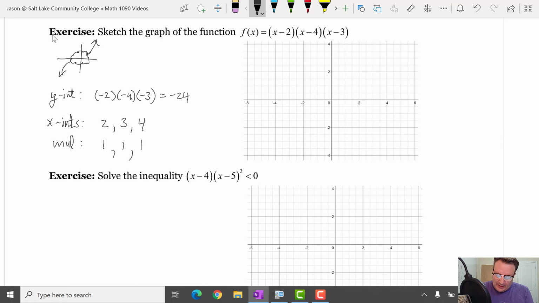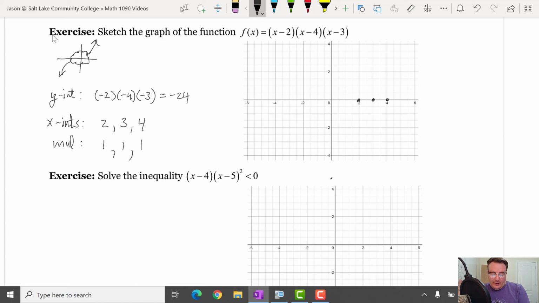So let's see, I can't plot my y-intercept on this set of axes because they don't go down far enough, but I'll just remember there's a point way down here that it's got to go through, and we're going to go through the points 2, 3, and 4.